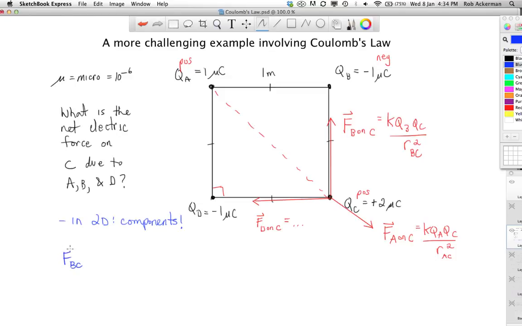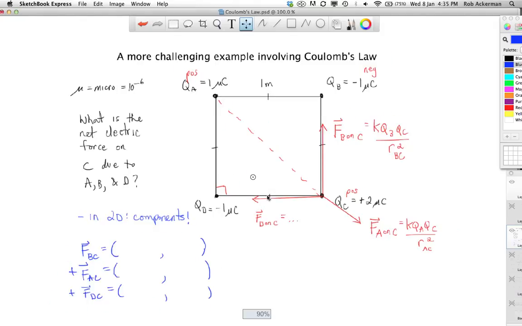FB on C is something, comma, something, plus FA on C, which is something, comma, something. Add that to FD on C, which is something, comma, something.